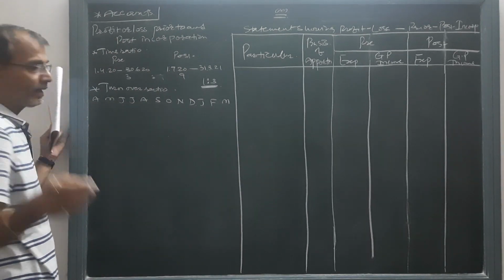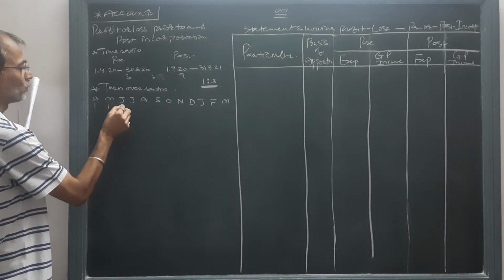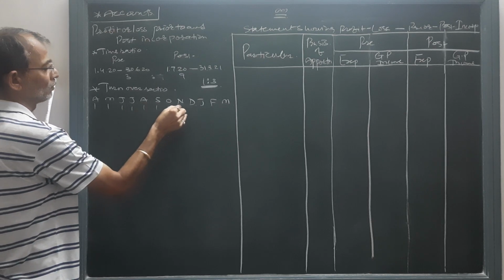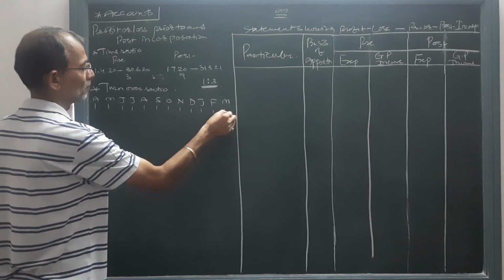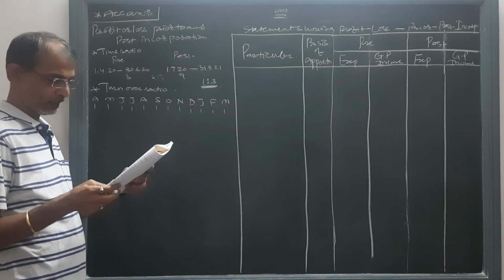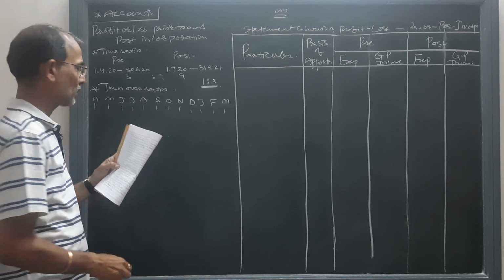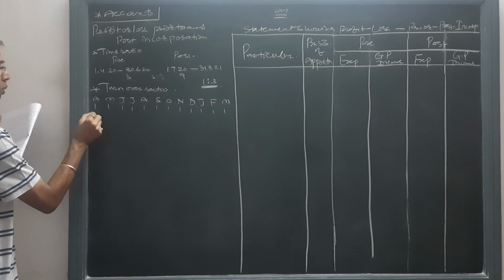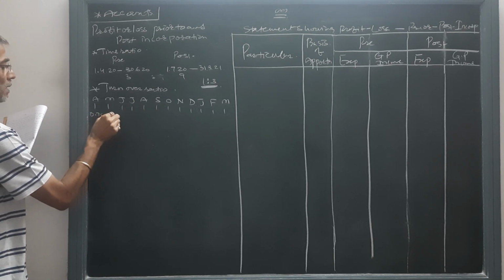Suppose every month average sale is 1. But for the first 6 months it was 75%, that means 0.75.